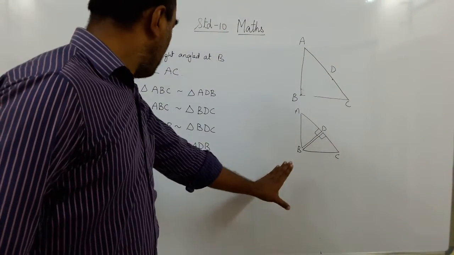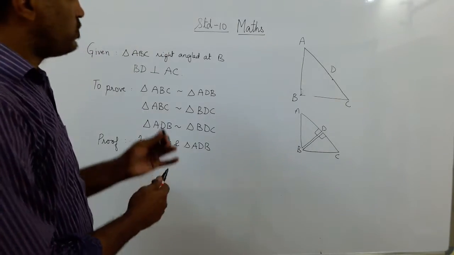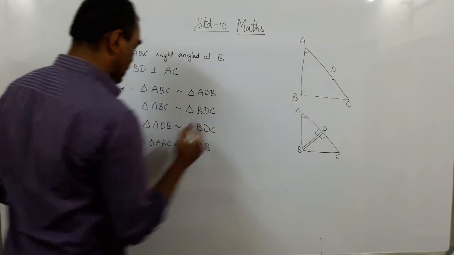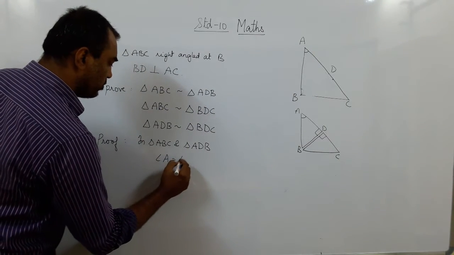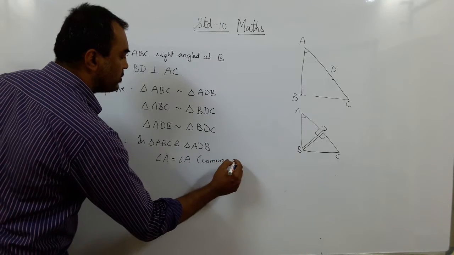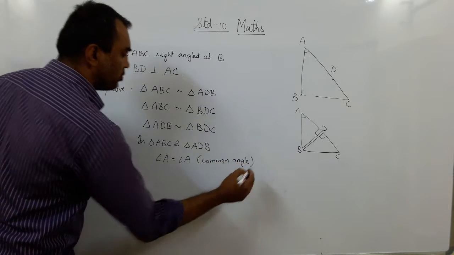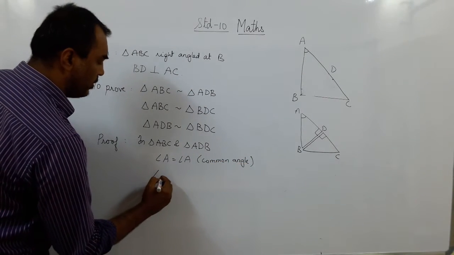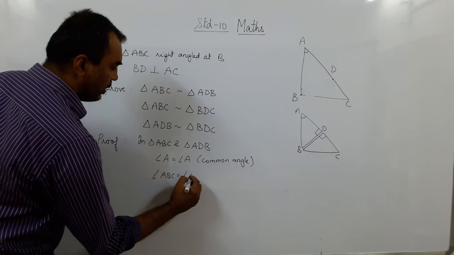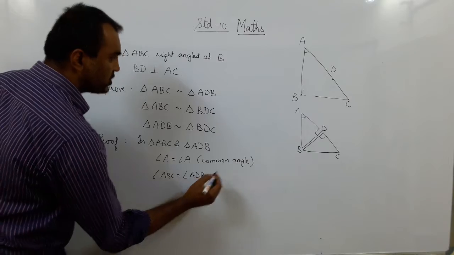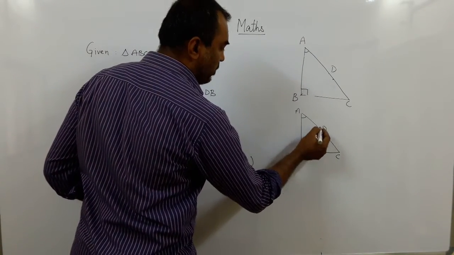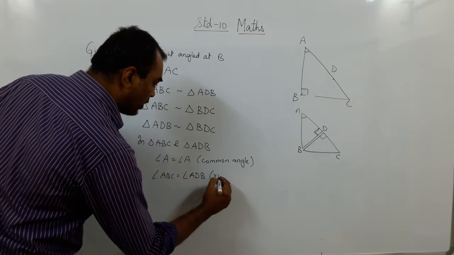Now in ABC and ADB, you can see angle A equal to angle A because it is a common angle to both the triangles, and angle ABC is equal to angle ADB. See, ABC is 90 and ADB is also 90. So they both are right angles.